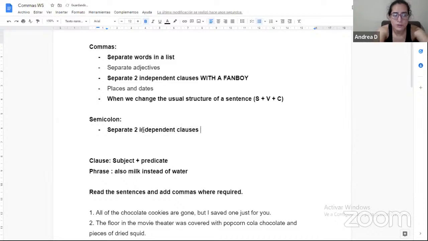So what would be the difference between a comma and a semicolon to separate two independent clauses? It gives you more space to breathe. No. You don't have a FANBOYS word, without a coordinating conjunction, right?